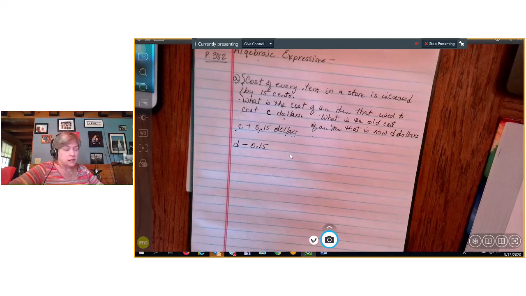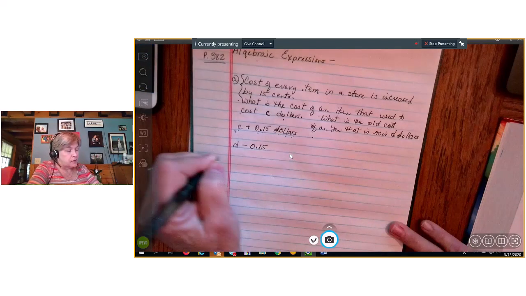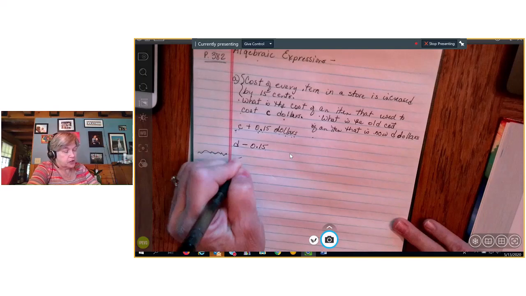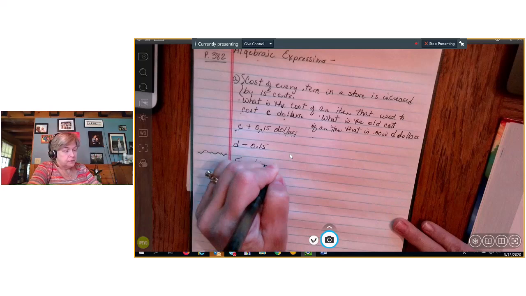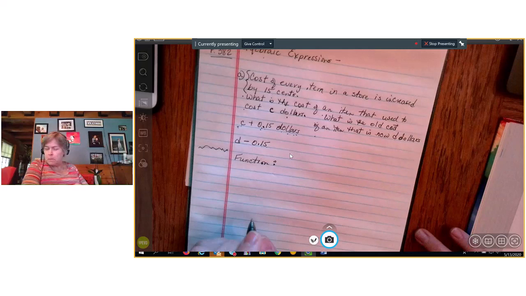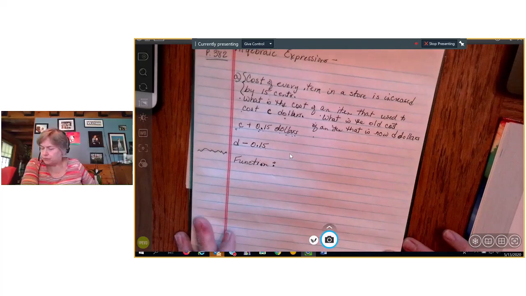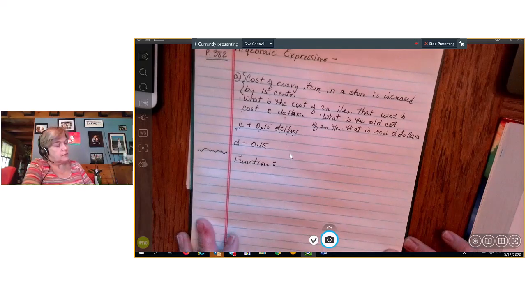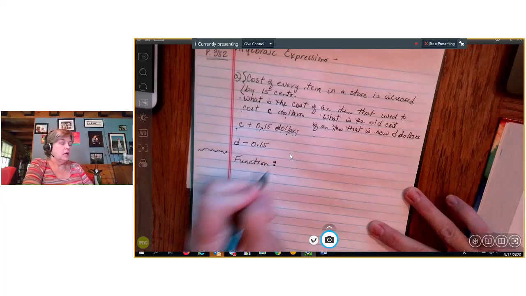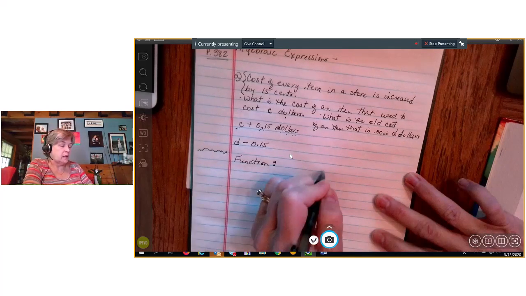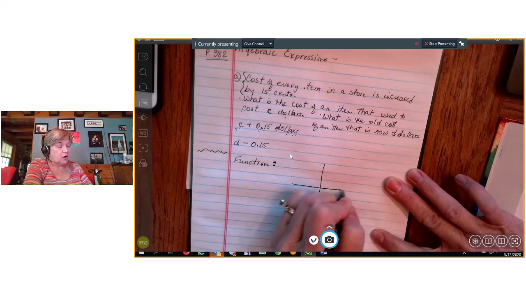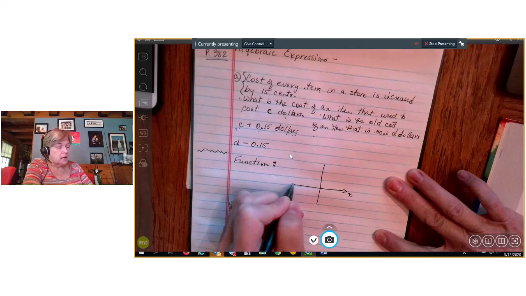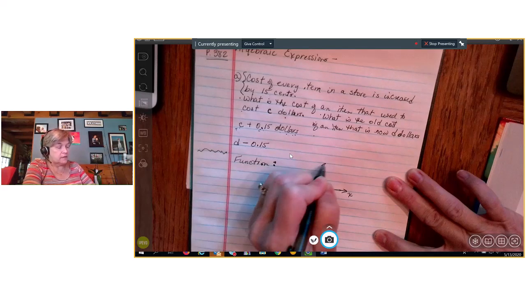We're going to look at something new here, a function. If we look at a Cartesian grid, we know that the horizontal is our x-axis and the vertical is our y-axis.